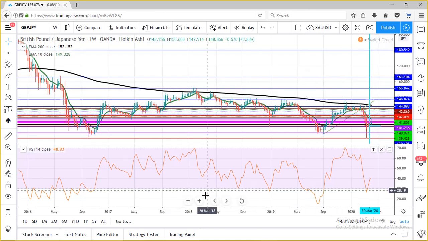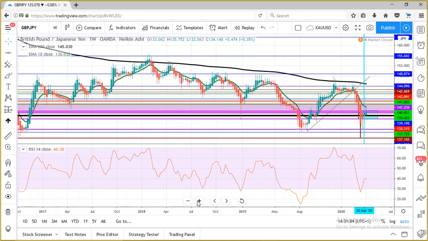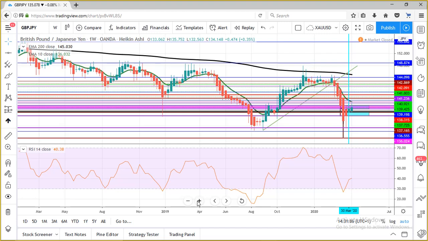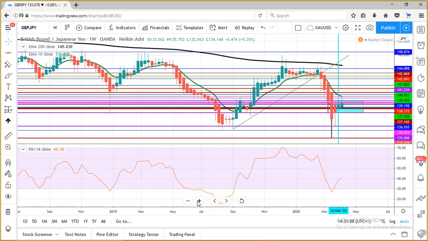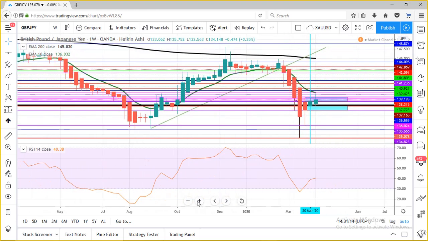So let me zoom in again. There is one thing I don't want to do quickly. For the sake of analysis and for us to know where we were last week, I wouldn't want to alter these.